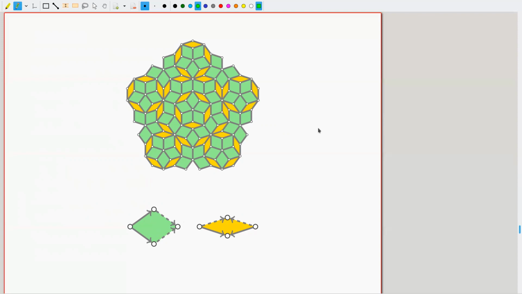There are, I think, even uncountably many Penrose tilings, but only two of them are fivefold symmetric. So here, of course, that's not the whole tiling, but you can see the center of the symmetry, and a piece of one of these two fivefold symmetric Penrose tilings.